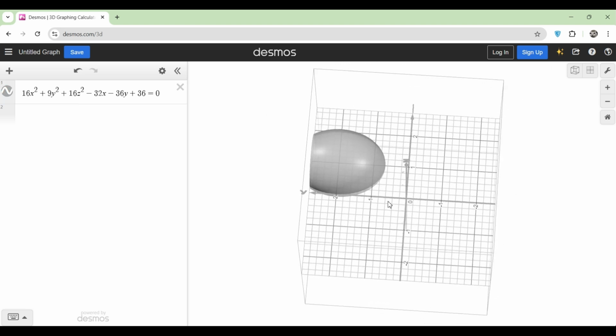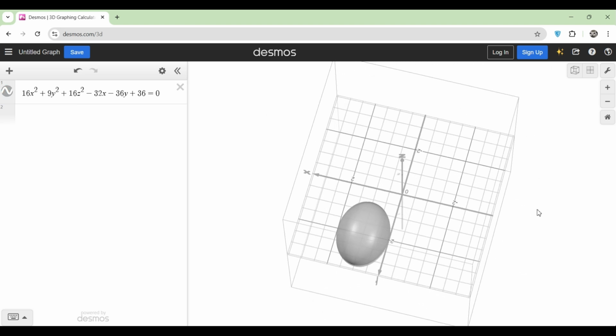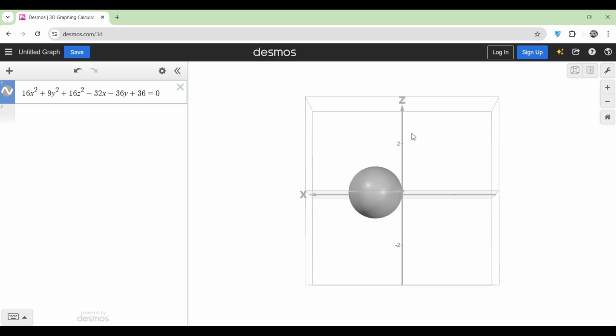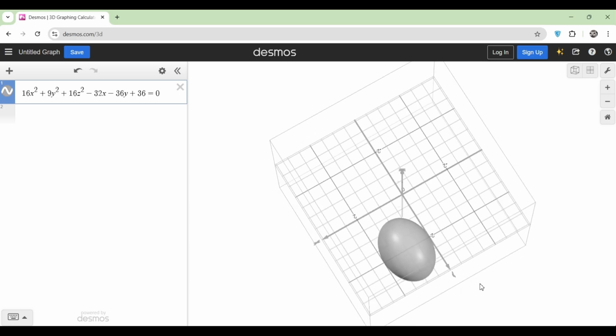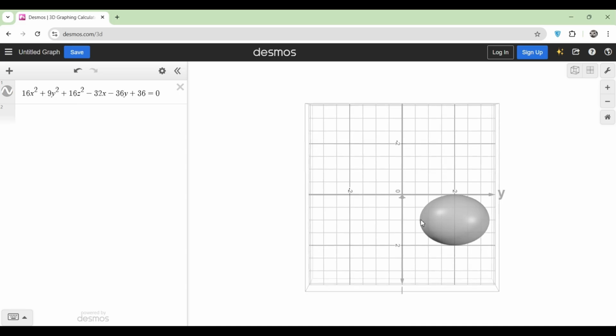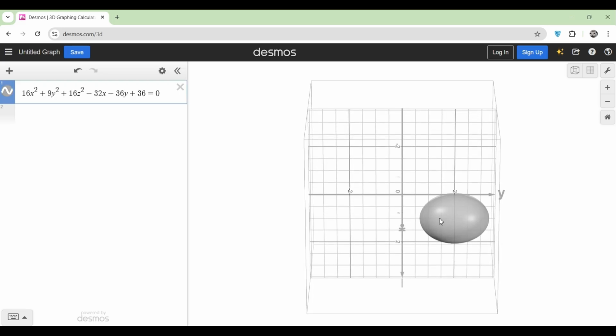And let's check our axes. X-axis is 1 unit long. From 1 to 2, it's going to be 1 unit long. For z, it's also 1 unit long, so it's going to be 1 unit long. And for y, it's going to be 4 over 3 units long. So we can't really see here, but it's like 1 plus a bit more. It's going to be 1/3.